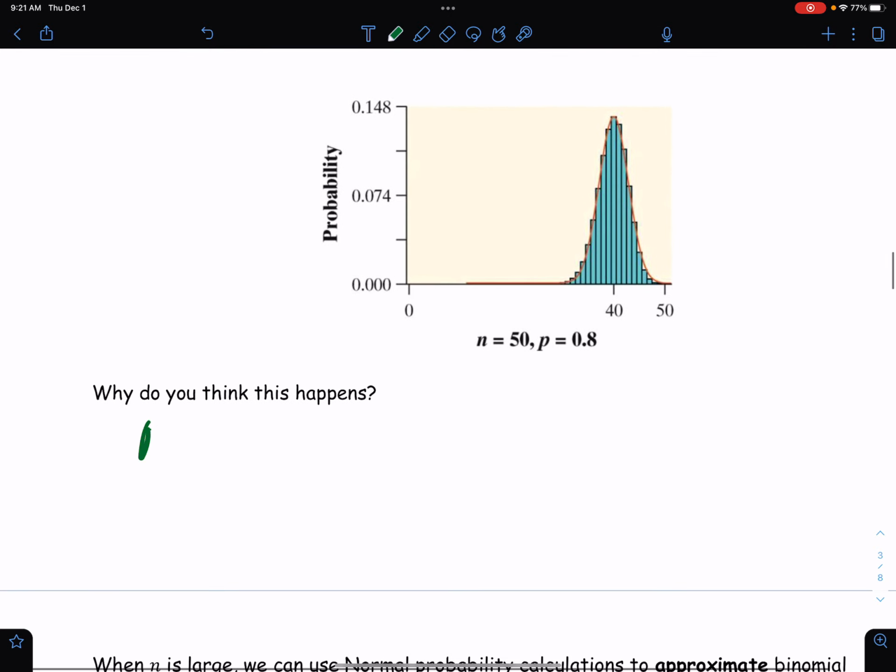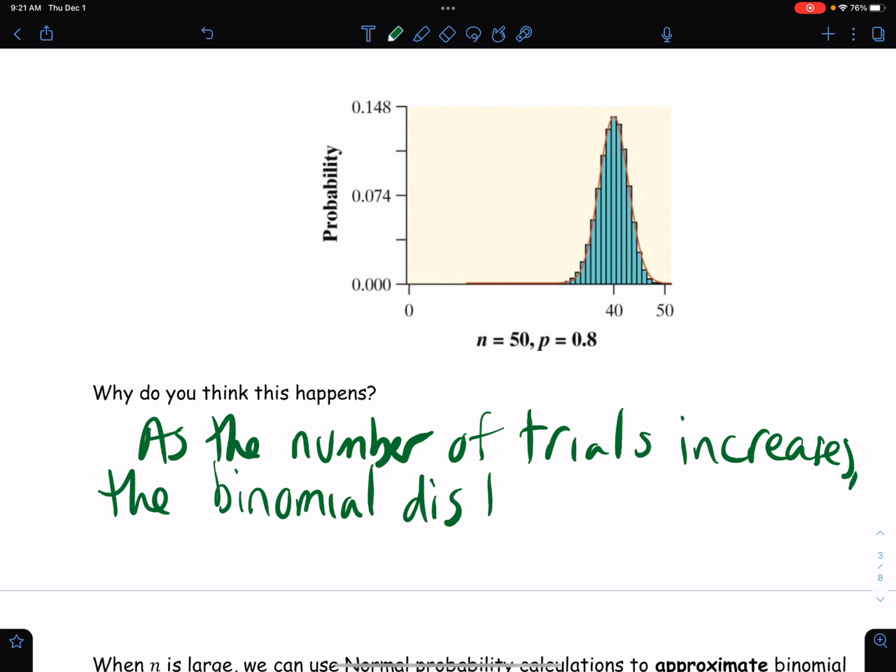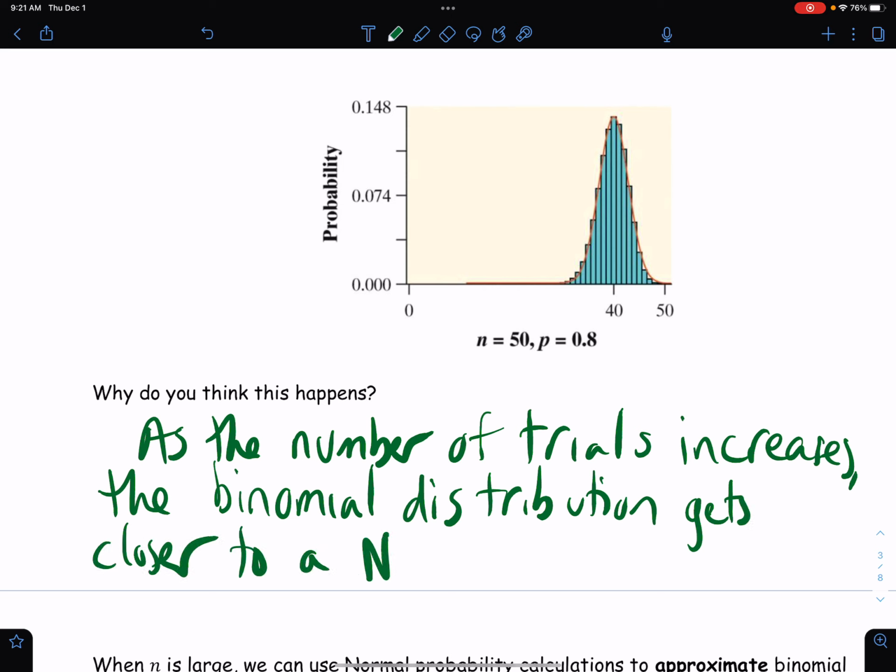So as the number of trials increases, the binomial distribution gets closer and closer to a normal distribution.